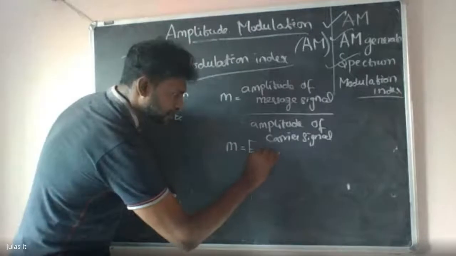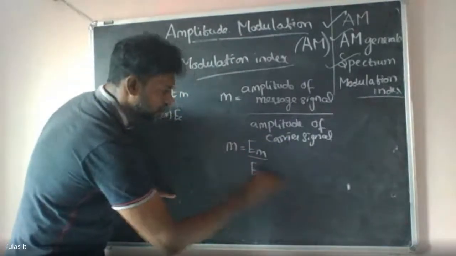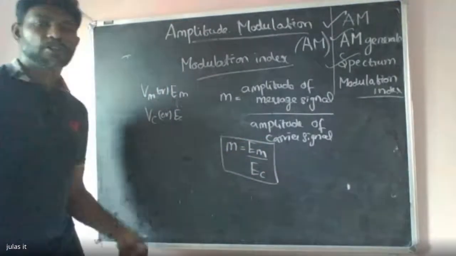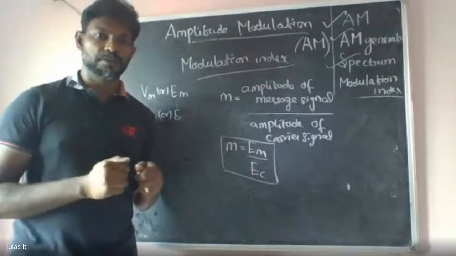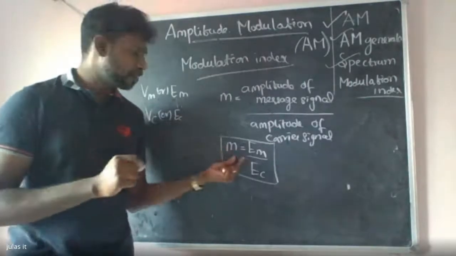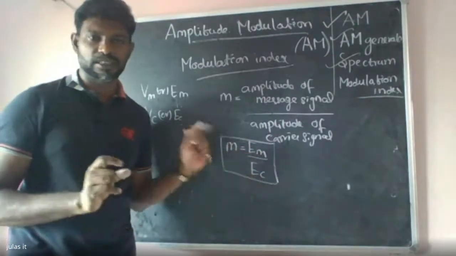Here we use Em divided by your carrier signal, EC. This is your modulation index. Because you will be doing some small problems in this unit, these are some of the equations you have to remember. Modulation index is Em divided by EC, right?